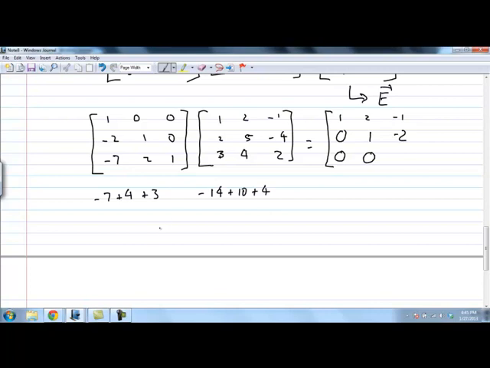And in the third row, third column, I have 7 minus 8 plus 2, which gives me 1. And we see that this is, in fact, the matrix U.